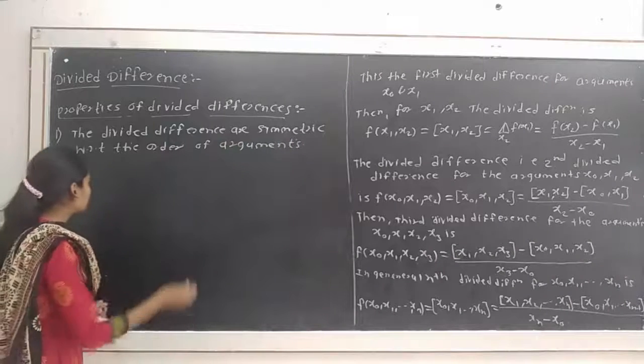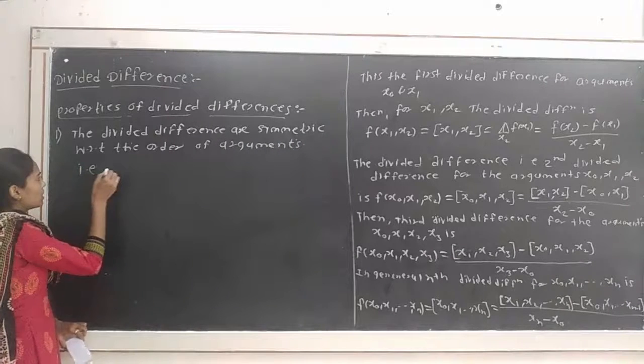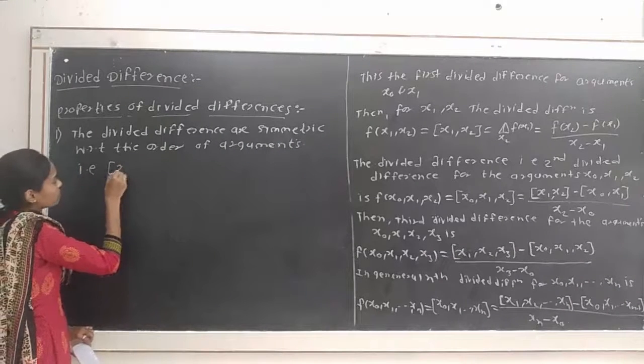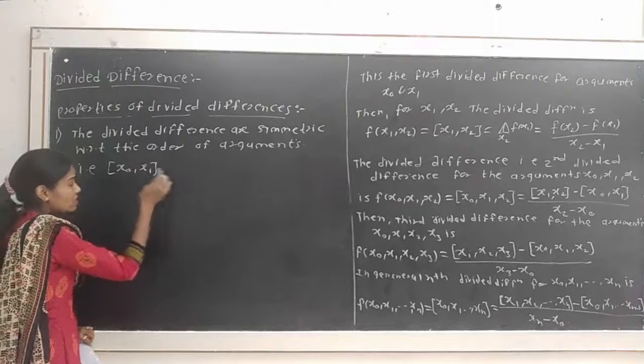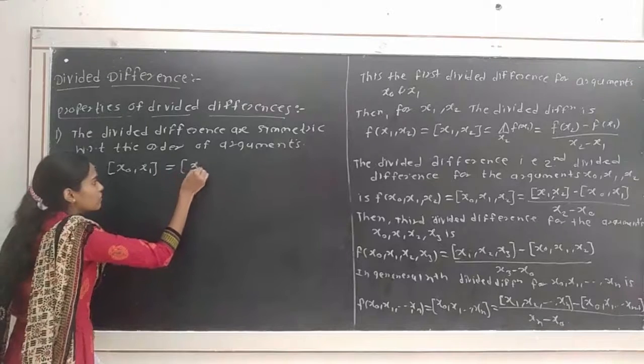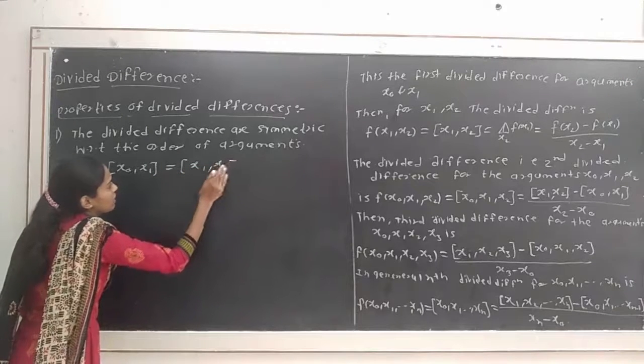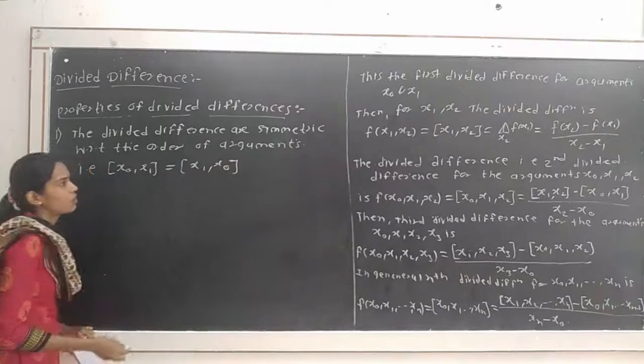That is, the divided difference of x0, x1 is the same as the divided difference of x1, x0.